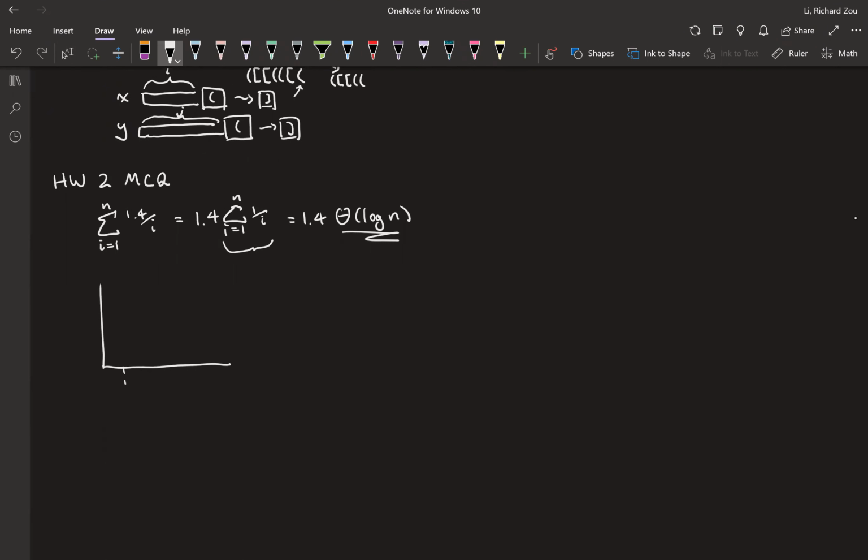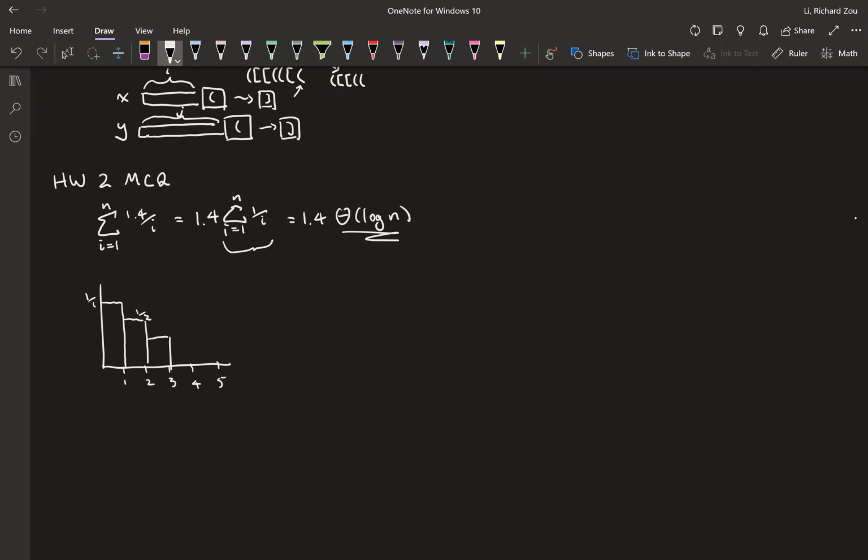this is 1, this is 2, this is 3, 4, and pretend we're graphing along the curve. This has height of 1 over 1, my bad. This here has height 1 over 2.